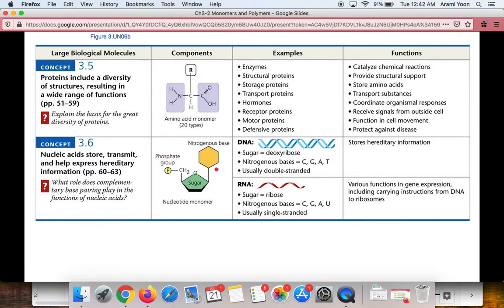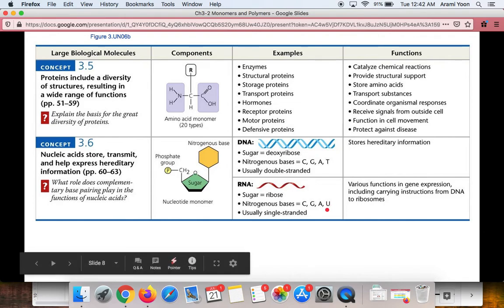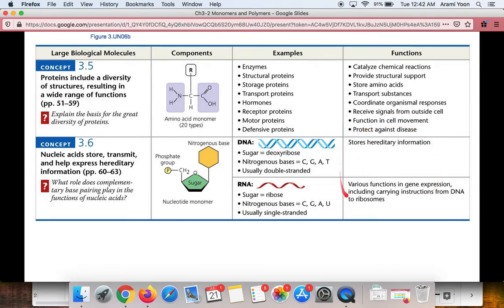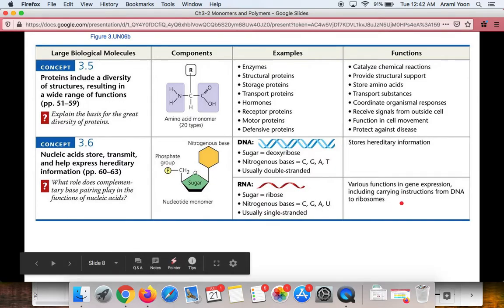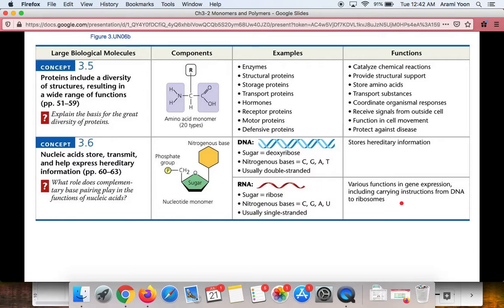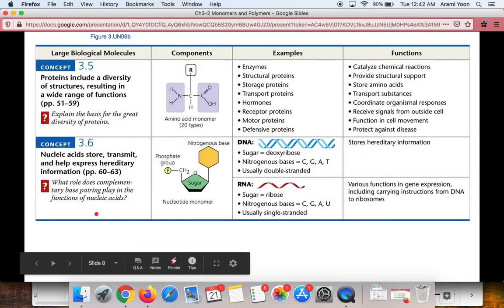And the five nitrogenous bases are C, G, A, T, and U. Their functions are over here, but primarily they store hereditary information that's used to make proteins. And there's a separate lecture just on nucleic acids.